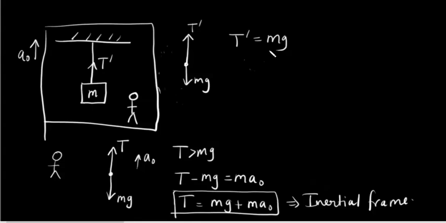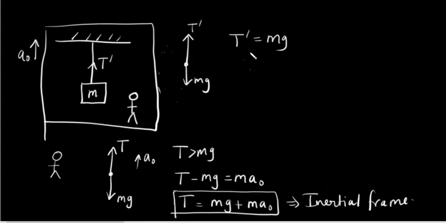So T dash is equal to mg will be said by this observer. But then this tension T dash is different than this tension T. It is not the same. And obviously the rope should have only one tension. Then how is it possible? The thing is that this tension T dash is not the correct one.